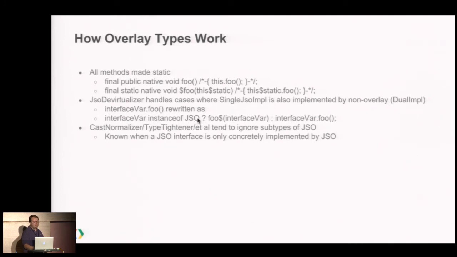If it is, it inserts a call to that static method, which has the dispatch method in it. Else, it invokes it like a regular Java method, just calling .foo on it. Because JavaScript objects do not have any prototype, you can't just invoke x.foo. You have to call the utility method that the compiler has translated it into, because it's just a static dispatch method.